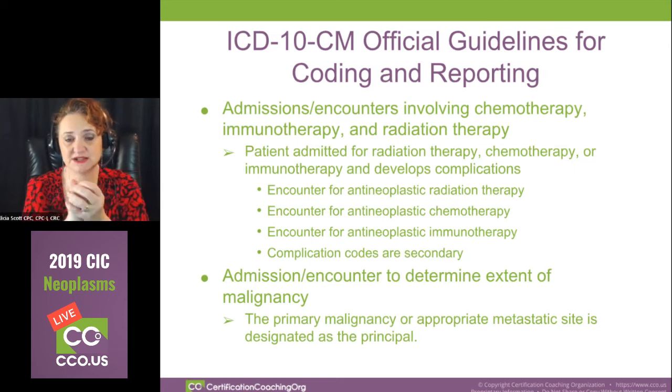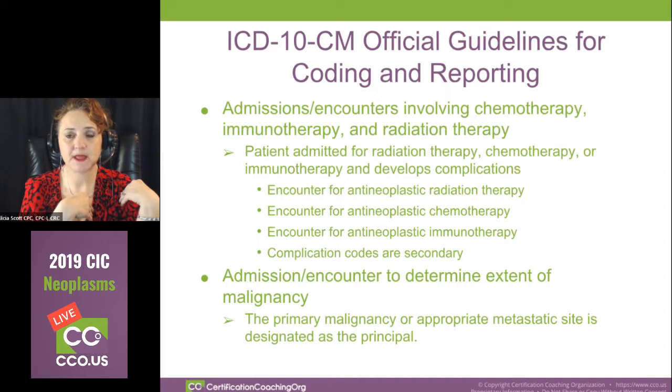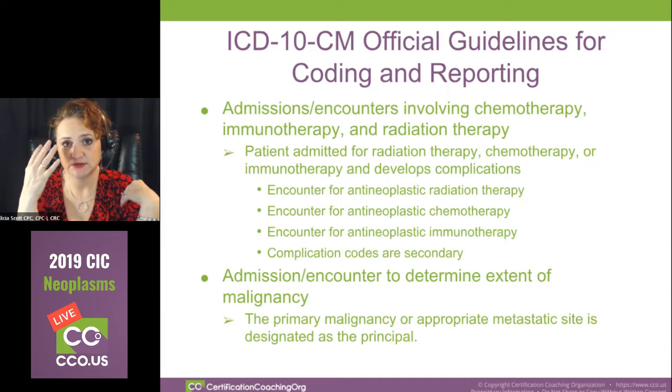There's also a reason to come in there for: we have to determine the extent of the malignancy. That means you would code the primary malignancy, and then if there was a secondary malignancy. So we're going in, we know that the patient, Mrs. Brown, has lung cancer, and she's exhibiting signs and symptoms of having problems with her brain.